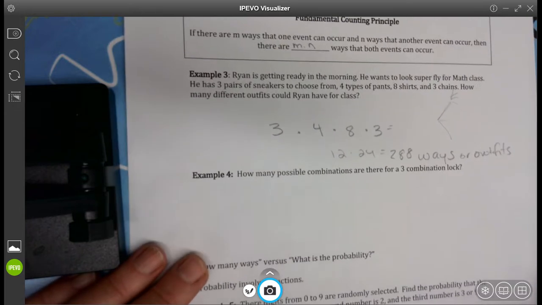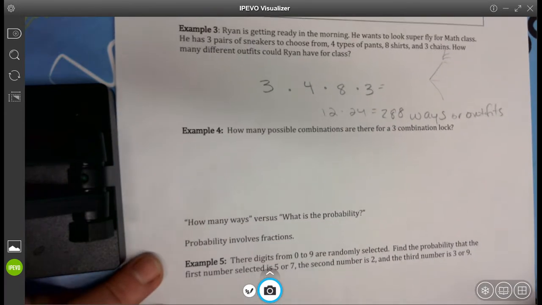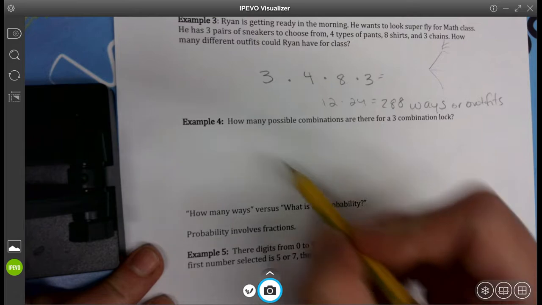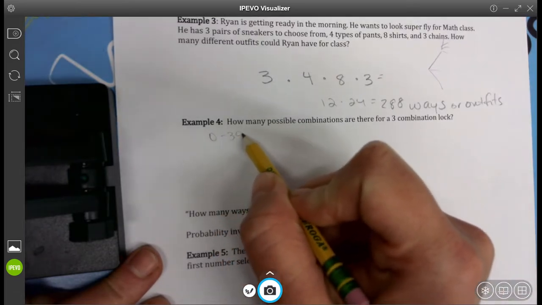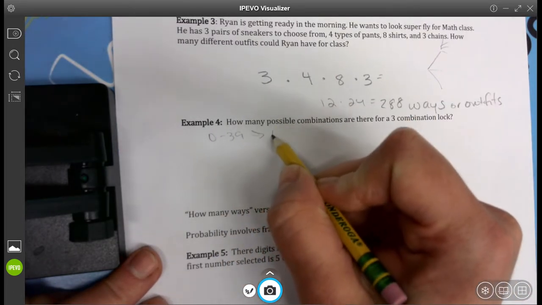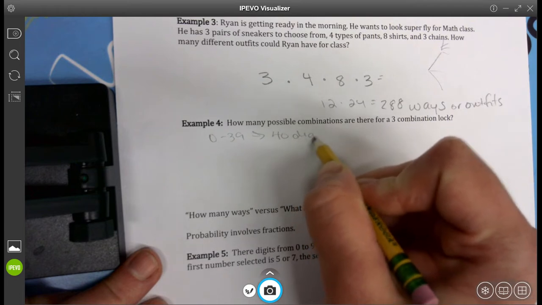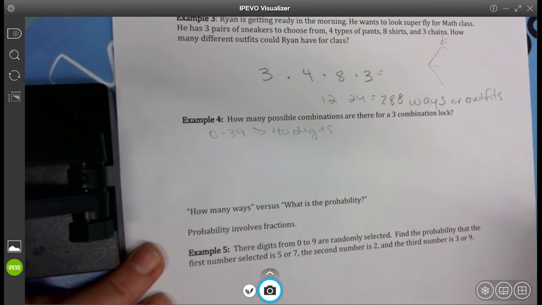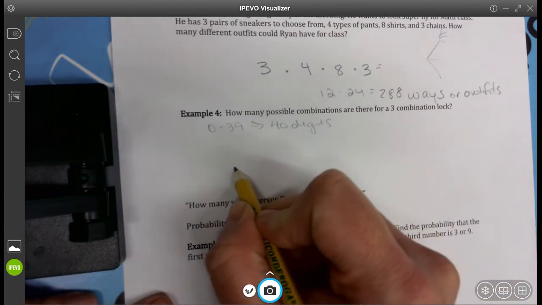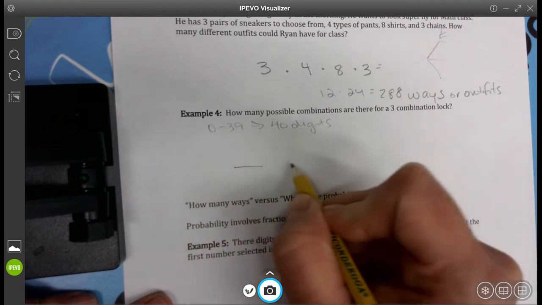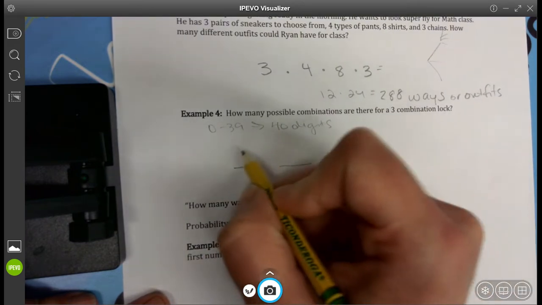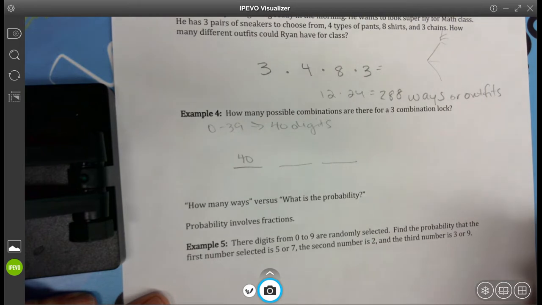How many possible combinations are there for a 3 combination lock? When you're at your locker, it's the numbers 0 through 39, which is equal to 40 digits because we're counting 0. You turn your locker to the right, then to the left, and then to the right. So I have 40 digits to choose from.